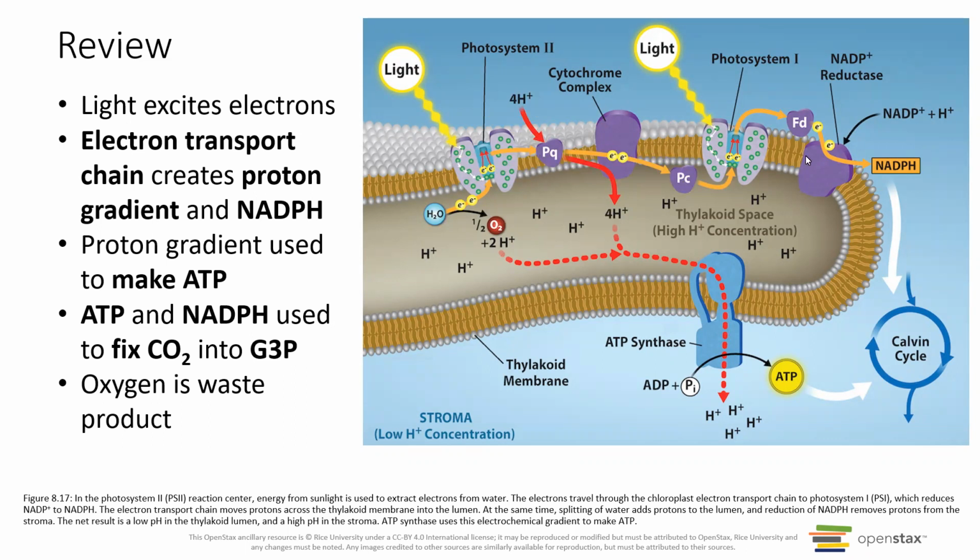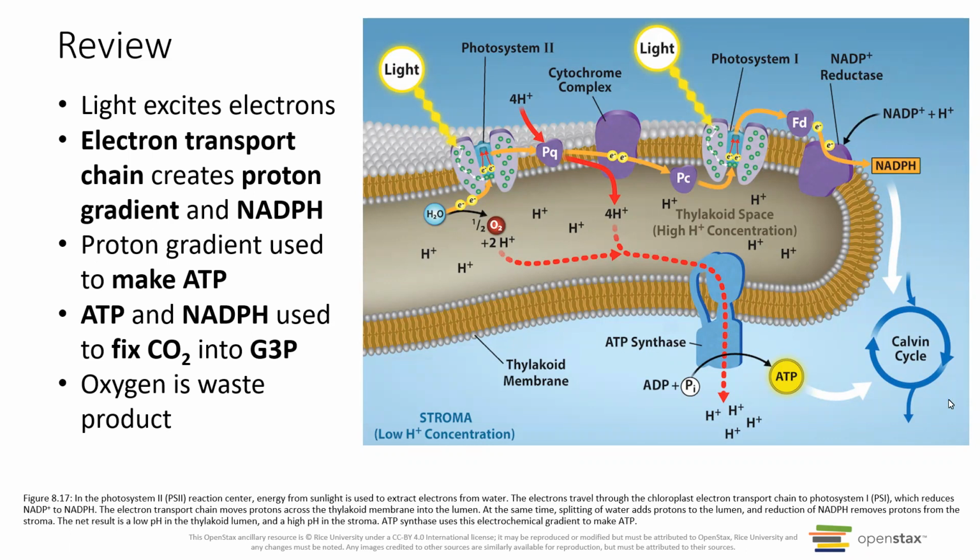The electrons from photosystem 2 reduce the chlorophyll molecules in photosystem 1 that got oxidized because of the energy from light. Those electrons from photosystem 1 go to another electron carrier and are used to reduce NADP+ to NADPH.